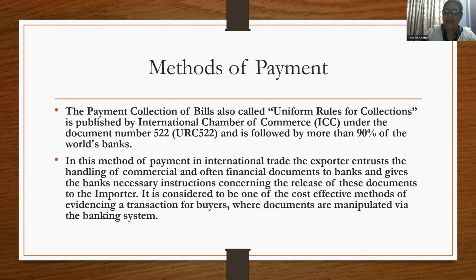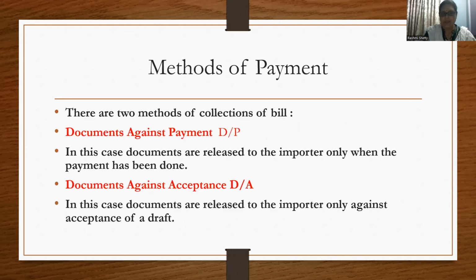Here the exporter hands over all his work of collecting payment to his bank, and he submits all the documents to the bank, and gives necessary instructions concerning the release of the documents to the importer. It is considered one of the very cost effective methods. So there are two methods. One is called documents against payment, DP, and the other is documents against acceptance, normally DA.